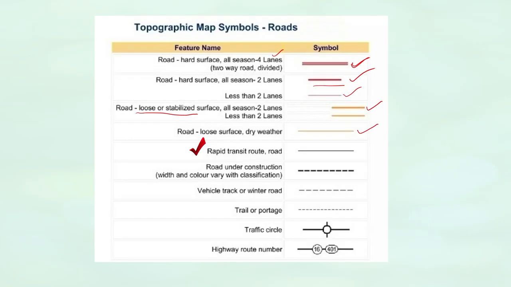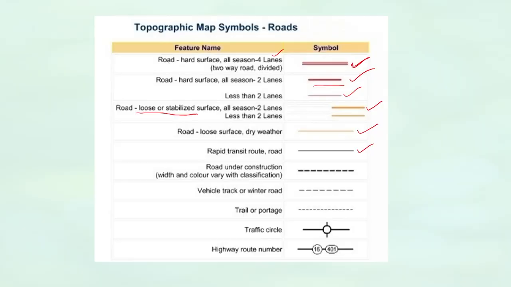And a rapid transit road, without mentioning the number of lanes, will be represented like this. The road under construction will be represented like this. Today I will be reading; you have to observe the symbol and its description and keep it in mind, that will help you complete the assignment which may be given at the end of the session.